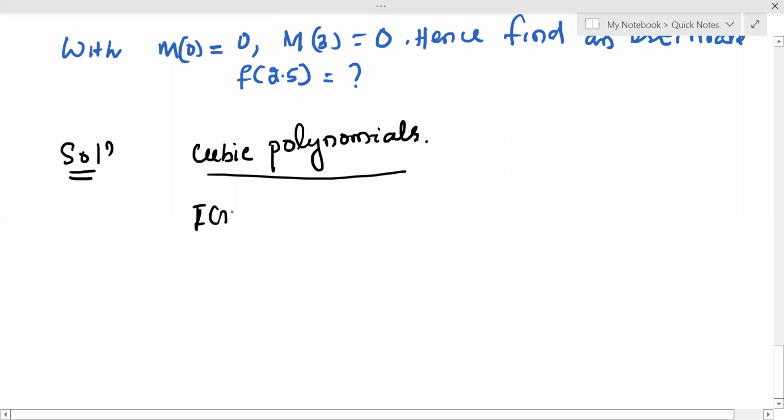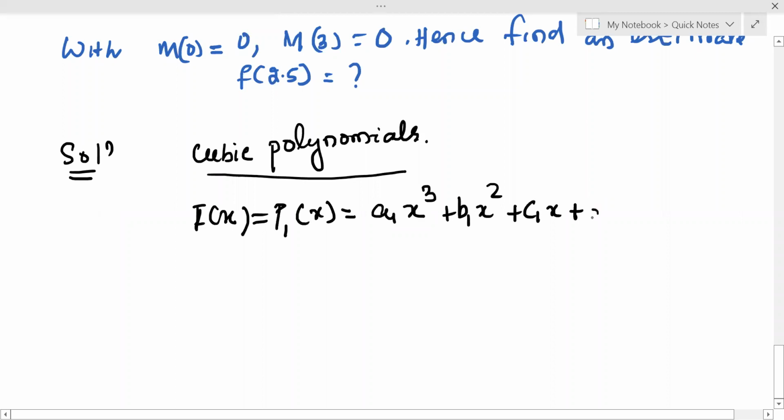Fx or first polynomial P1x is equal to a1 x cube plus b1 x square plus c1 x plus d1. Interval 0 is less than or equal to x less than or equal to 1. Second interval, that is second polynomial, and that is defined fx, and that is polynomial 2, and defined here a2 x cube.